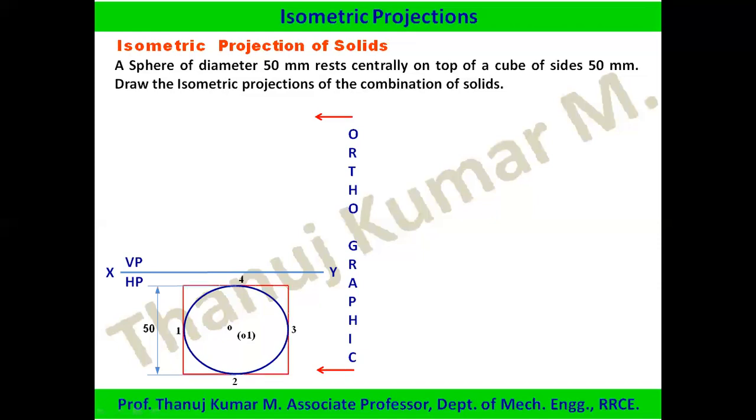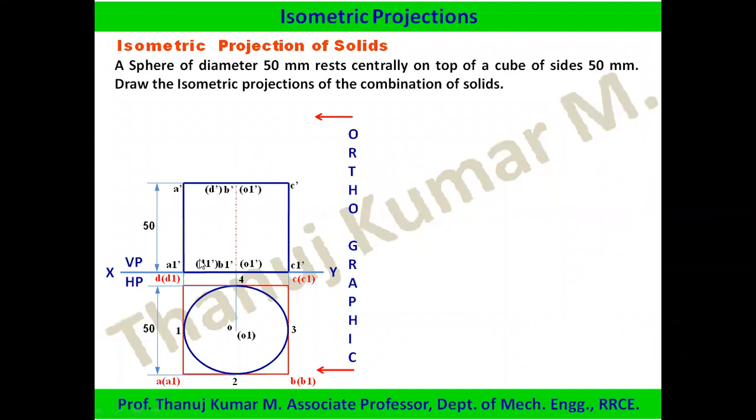So you have to keep it in a box because a cube is also of 50 mm sides. So you're drawing a box of 50 mm sides. On that you're drawing a circle of 50 mm. So in the top view you can see a box, you can see a circle. In the front view you can see the same thing, a box of 50 mm.